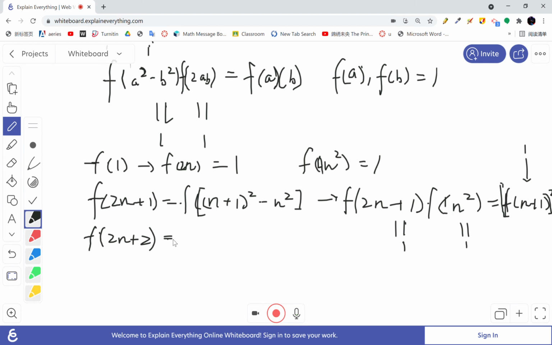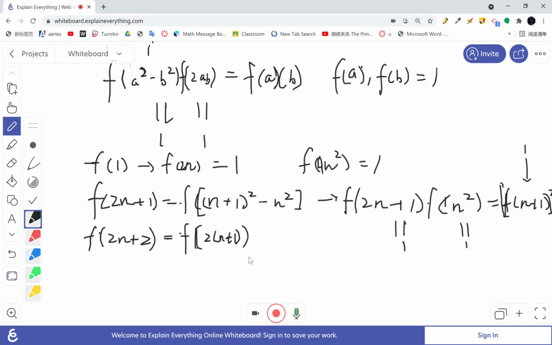Oh, just f of 8, f of 18. And yeah, so if n plus 1 can be expressed as a and b, which is equal to f of 2 times n plus 1.